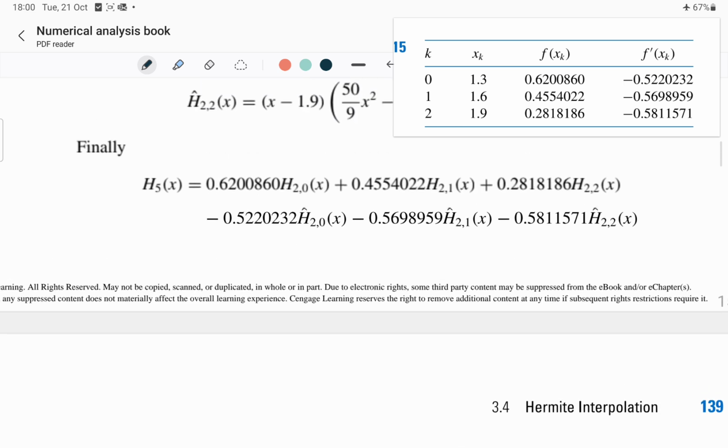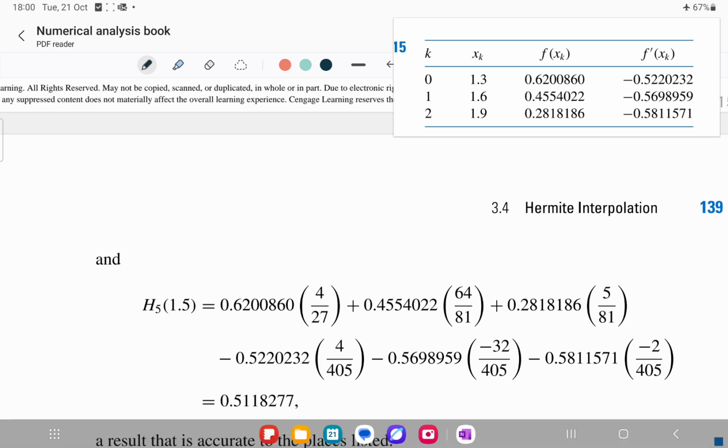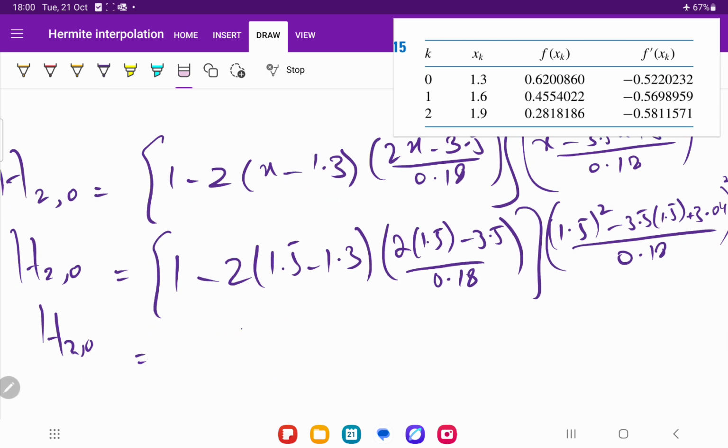We got 4 by 27, what is the answer? We got 0.104. 4 over 27 is 0.148, so it's way closer. I got 0.104. It means this is not the answer. I'm not sure. So you got 0.1.